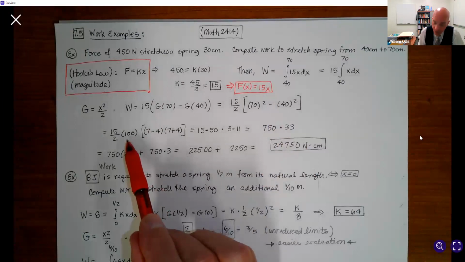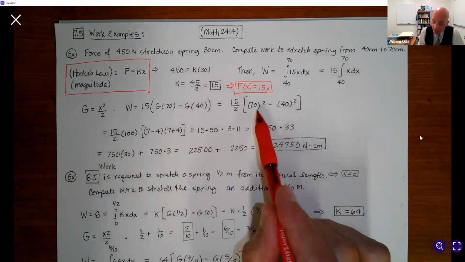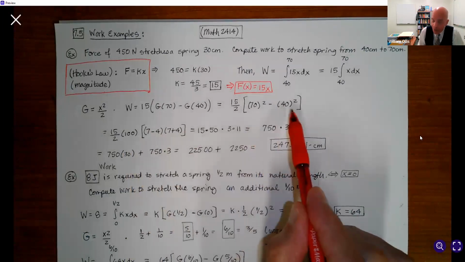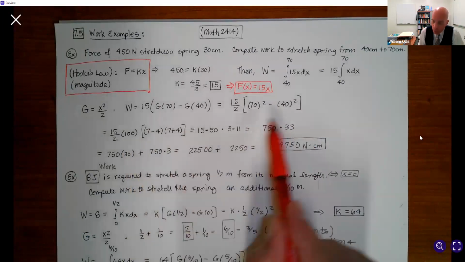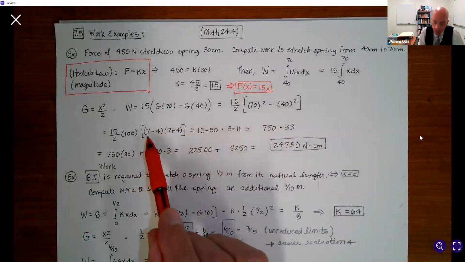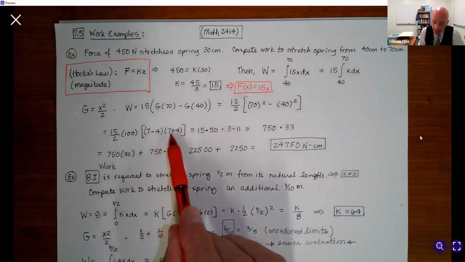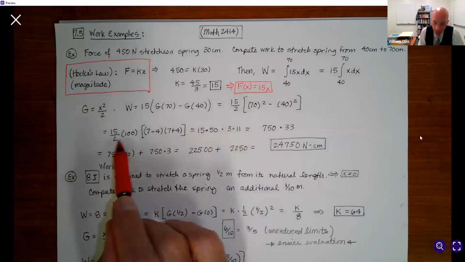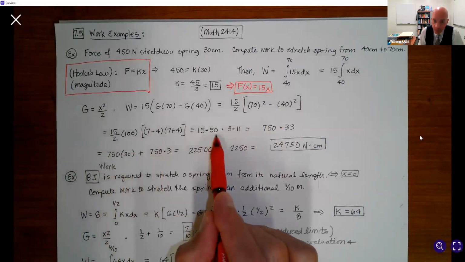So we can go ahead and factor the 100. And then of course, we're just left with 7 squared minus 4 squared. And so of course, that's a difference of 2 squares. So we get 7 minus 4 times 7 plus 4. So very simple numbers. Okay, of course, now the 2 absorbs into the 100 to give us a 50.